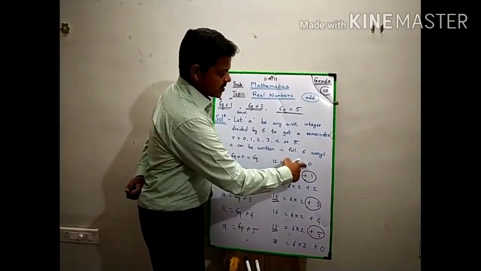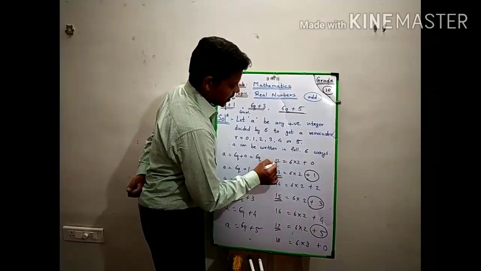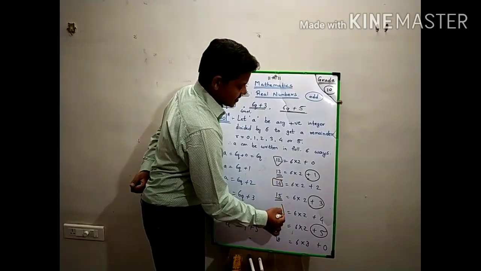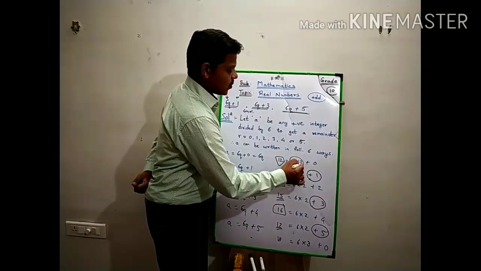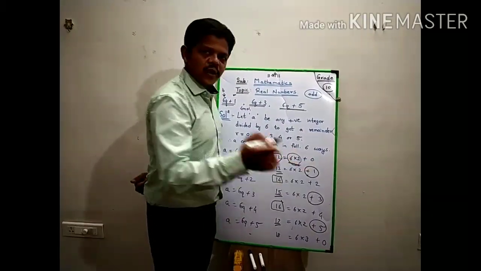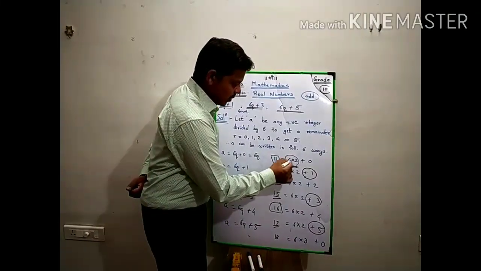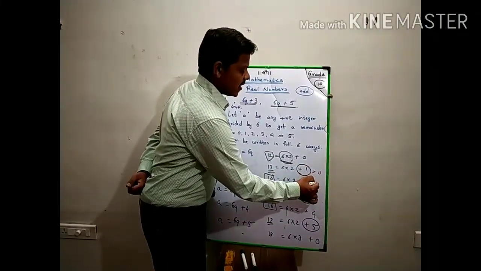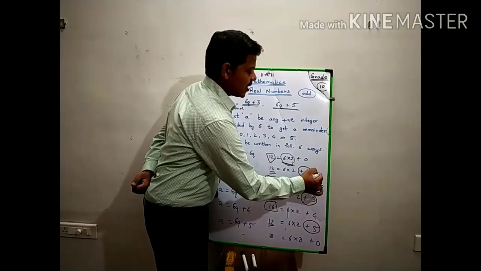And what did we know? This 6q plus 0, plus 2 and plus 4 were 12, 14 and 16, because 6q is already an even number. Correct? Even plus 0 is even. 6q every time is even. Even plus odd is odd. Even plus even is even. You can check it.